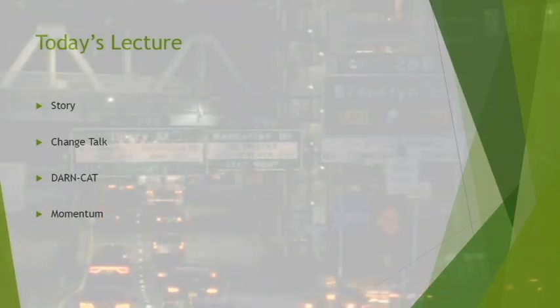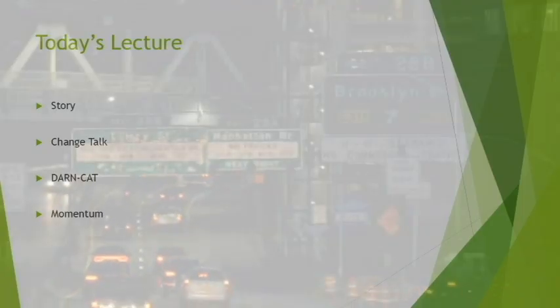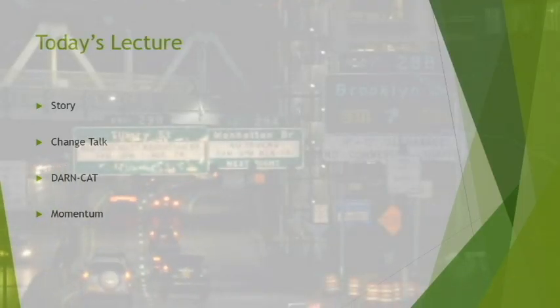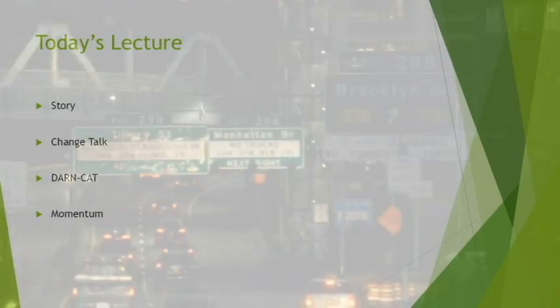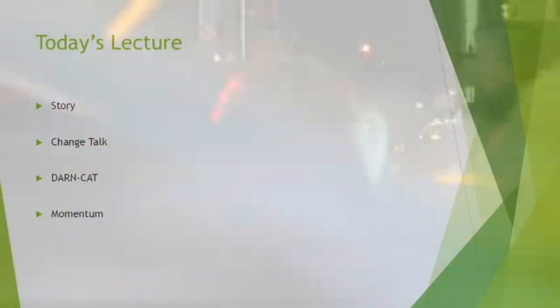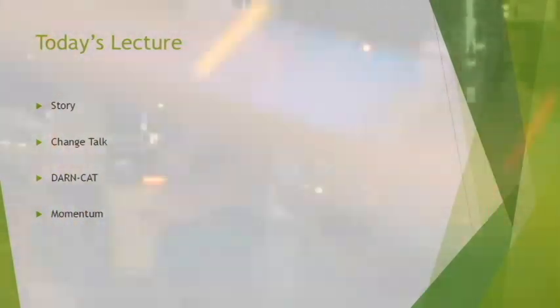And then we'll go back to a technique that I introduced in our first lecture, the technique of eliciting change talk using what we call the darn cat model. And then finally, we'll close out our lecture with reinforcing a little bit of that change talk in order to build some momentum in the counseling session.